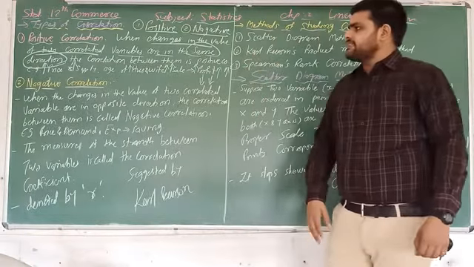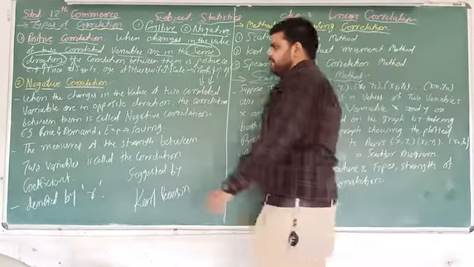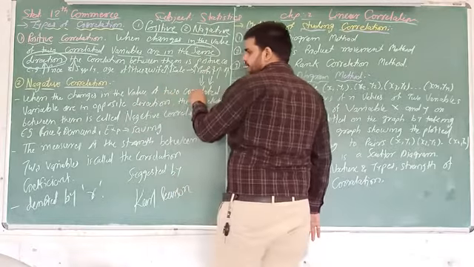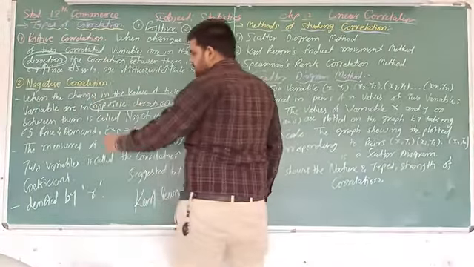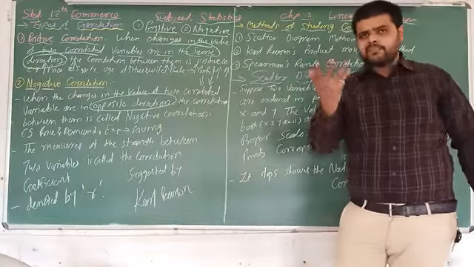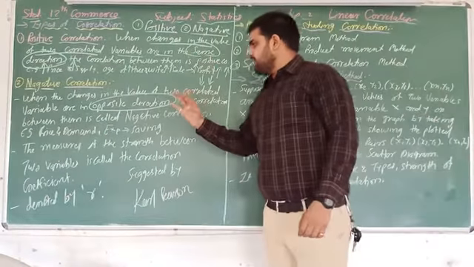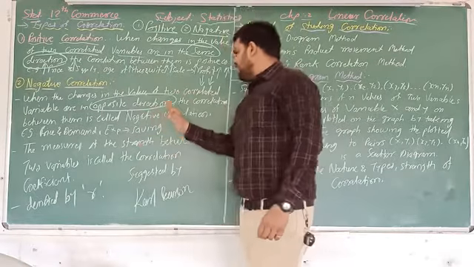Now the second one, that is negative correlation. Here, when the changes in the values of two correlated variables are in the opposite direction, the correlation between them is called negative correlation.